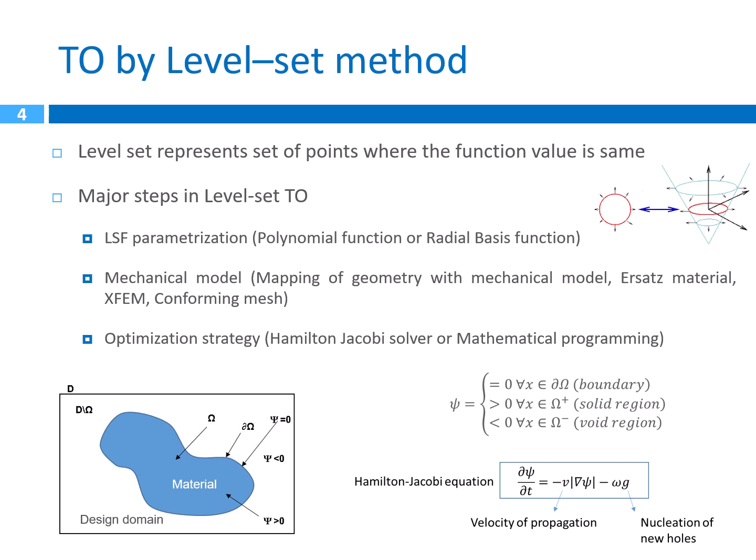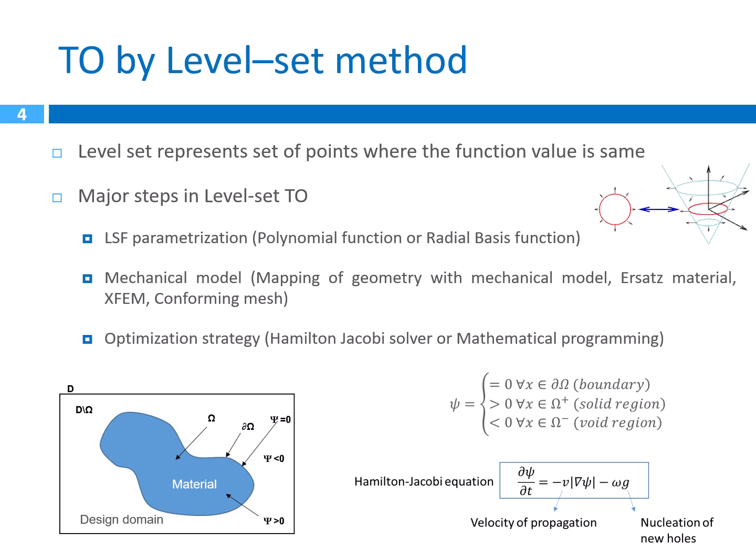The major steps in topology optimization using level set are, first, you need to decide whether you're going to use polynomial functions or radial basis functions for parameterizing the level set functions.